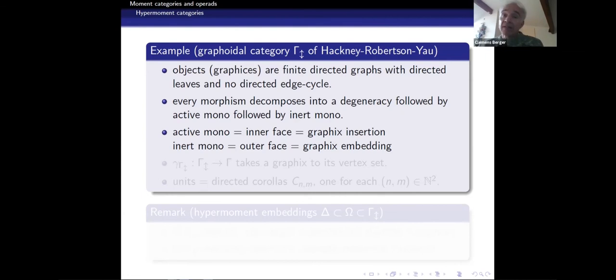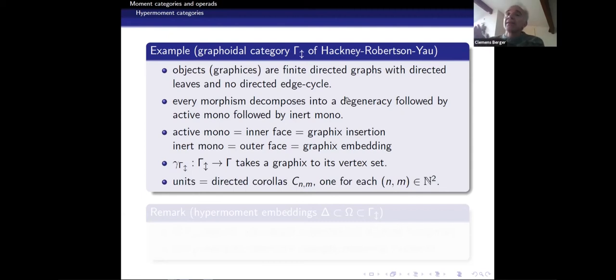And so the cardinality functor again takes the graphic to its vertex set. The units are graphics with a single vertex, and if you have only a single vertex, then you have to tell me how many incoming edges there are and how many outgoing edges there are.